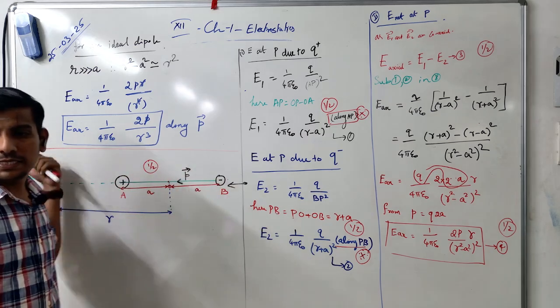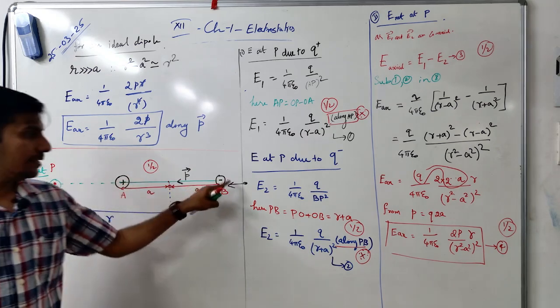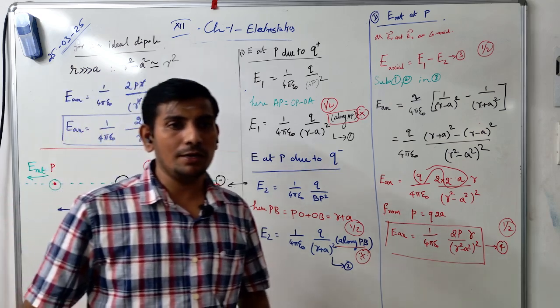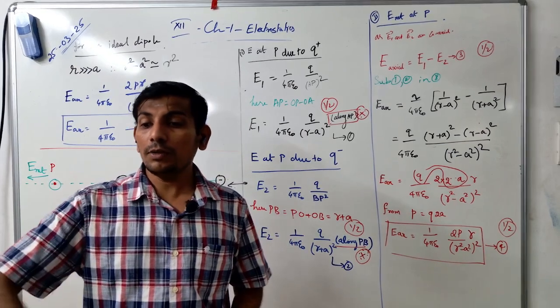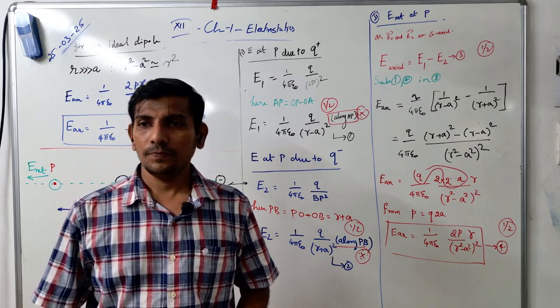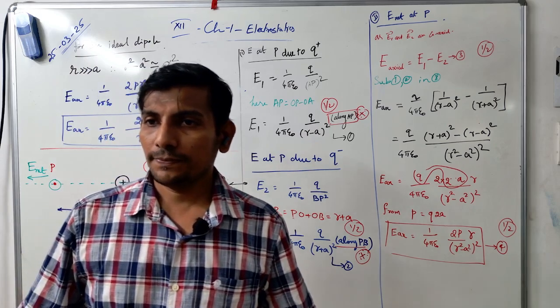Correct? So no matter whether you keep the charge here or here, the net effective field will always be in the direction of what? Dipole moment. So this quantity is always going to be a positive quantity with respect to dipole moment. Got it? Noted, sir?